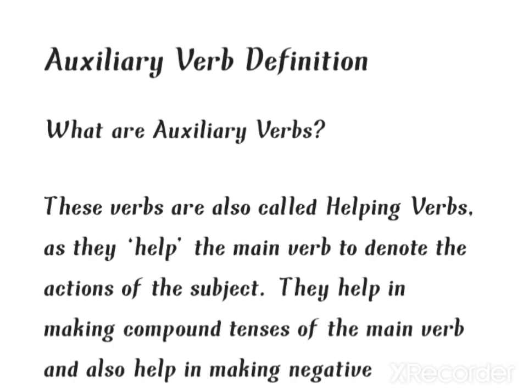Dancing, eating, cooking, laughing, sleeping, these all are verbs. Helping verbs help the main verb to make the tense complete. Whether it is a positive sentence, a negative statement, or a passive voice statement, they always help, and that's why they are known as helping verbs.